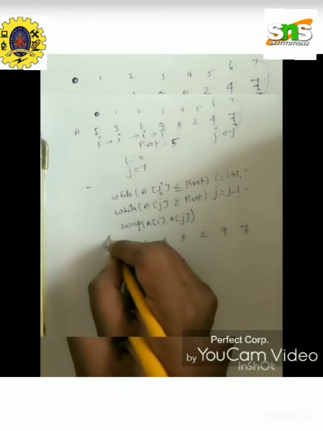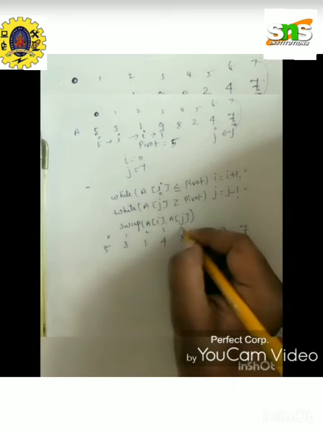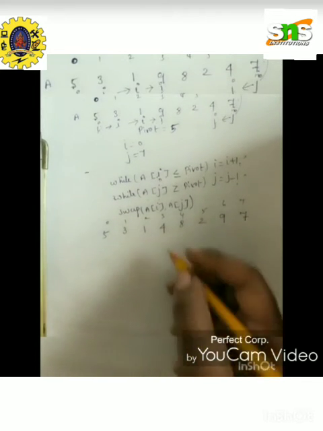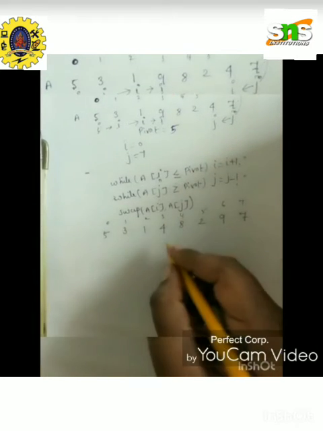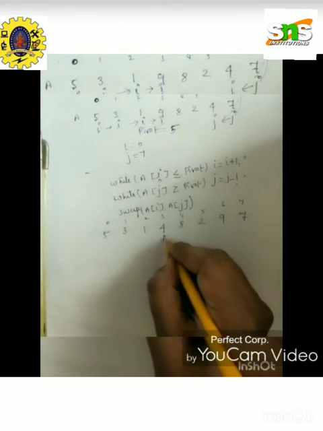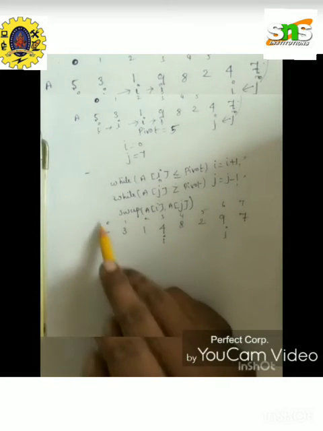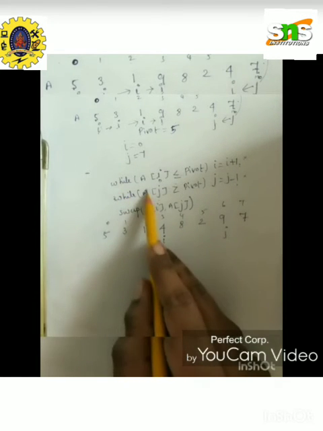Again I write the indices 0, 1, 2, 3, 4, 5, 6, 7. Now i points to the third location, and j points to location 6. Next we start this iteration again.